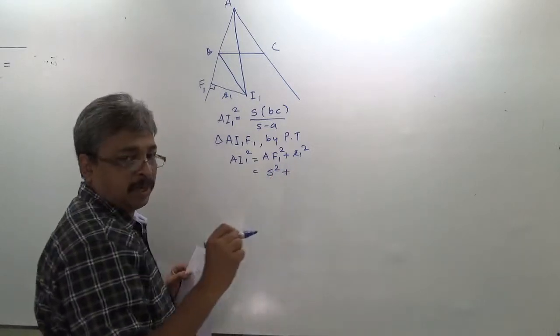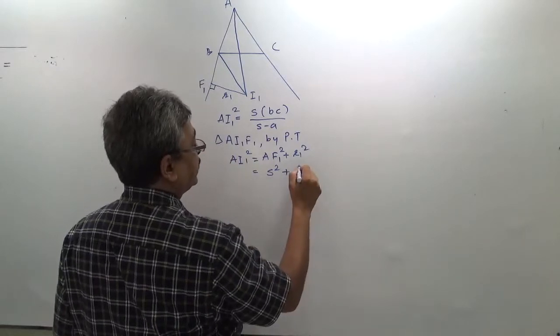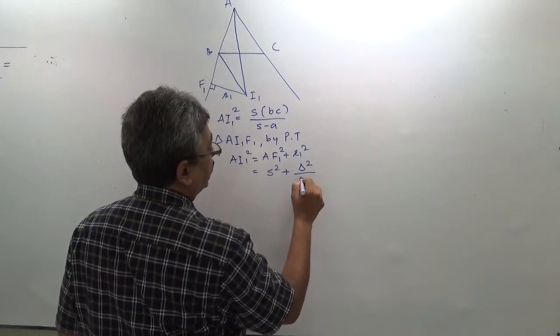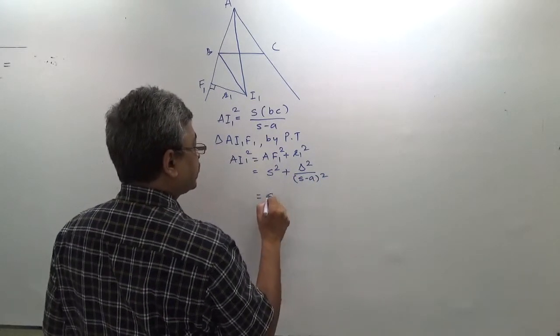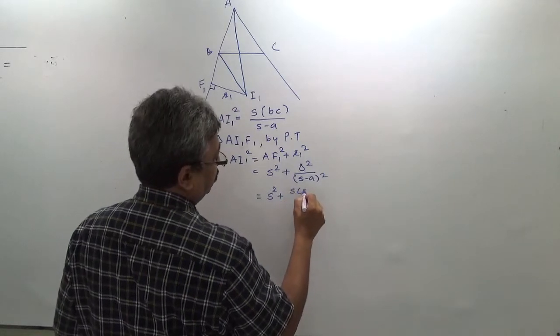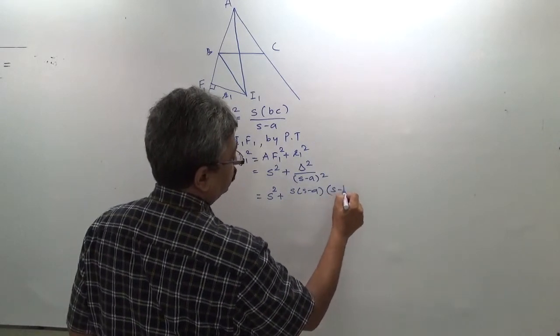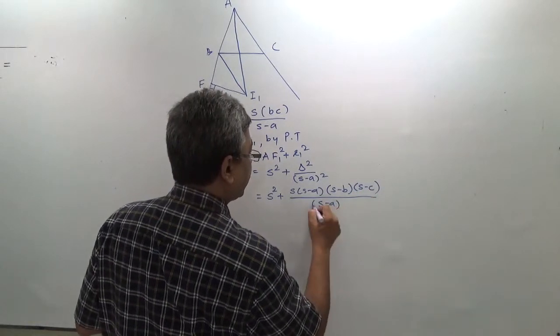And what will be r1? r1 square will be delta square upon (s minus a) square. So what is delta square? So s square plus delta square is s into (s minus a) into (s minus b) into (s minus c) divided by (s minus a) bracket square.